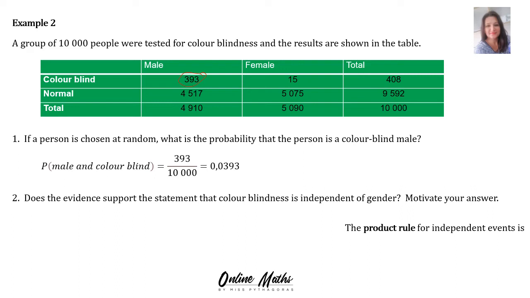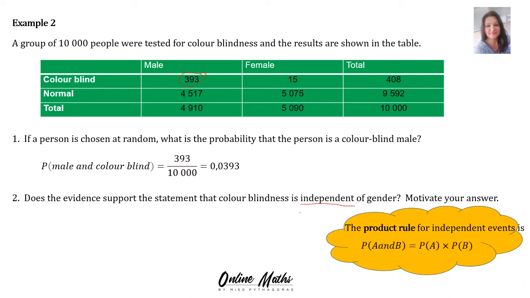Number 2, does the evidence support the statement that color blindness is independent of gender? Now, independent of gender, can you remember in lesson 1 we had this product rule for independent events, which stated probability P(A and B) is equal to probability A times probability B. We actually worked this one out already.